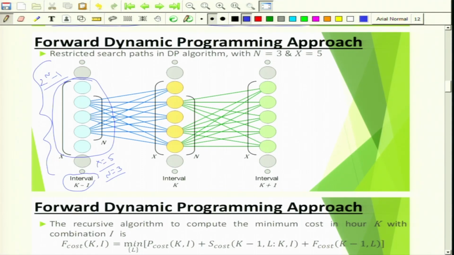That means these N combinations will give the most economical states. You can save them at that particular interval. Then in the next interval, we are again considering only X feasible states, which is again equal to 5, but you can see here N is equal to 4. You can see here 1, 2, 3, 4. So the number of economical states may vary, but it may not increase beyond X. At max it can be N equal to X.